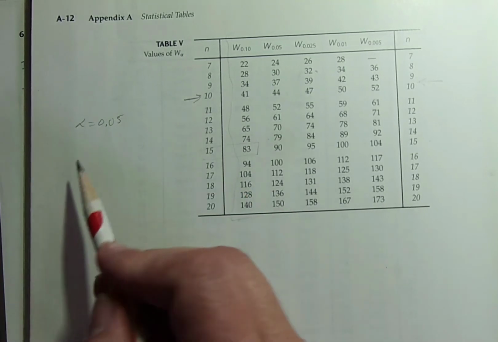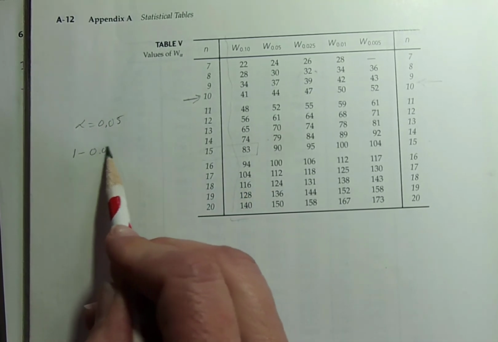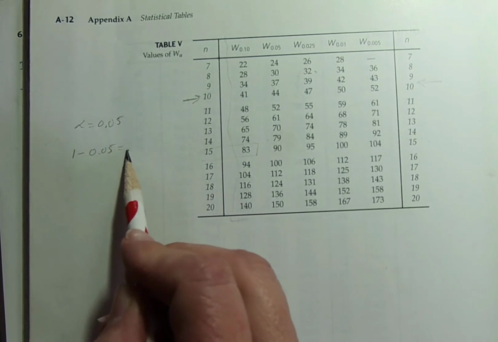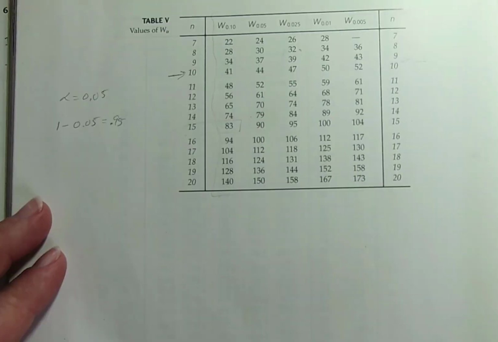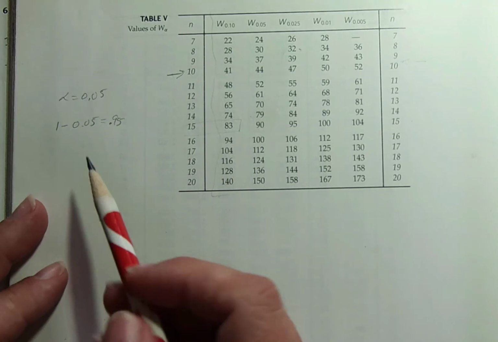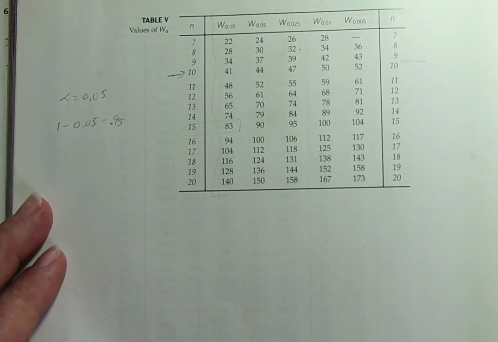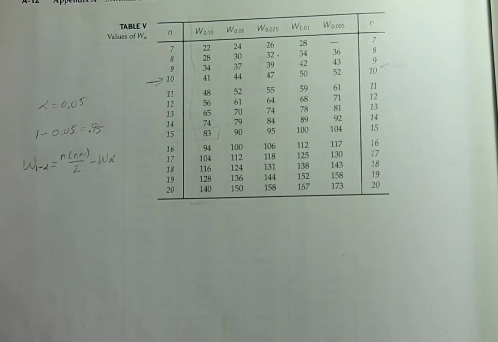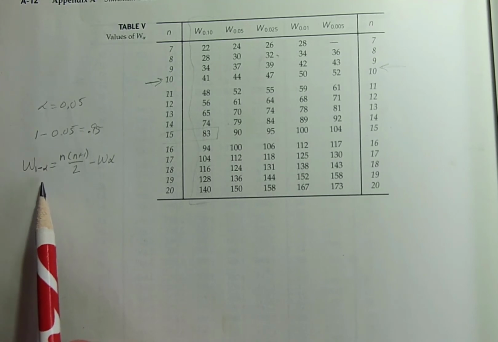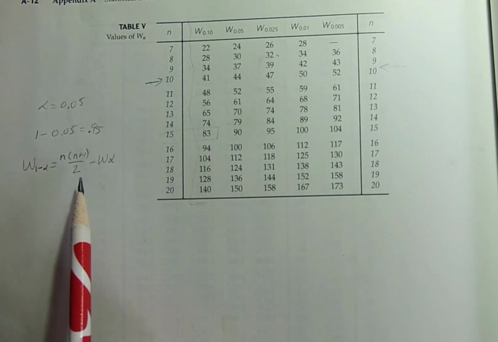Because we're in a left-tailed test, we have to look at 1 minus our alpha, or 0.95. But you look at it and you say, I can't find that. What would I do? So we have to find out, how do I find my critical value? And this is how we find it for a left-tailed test.